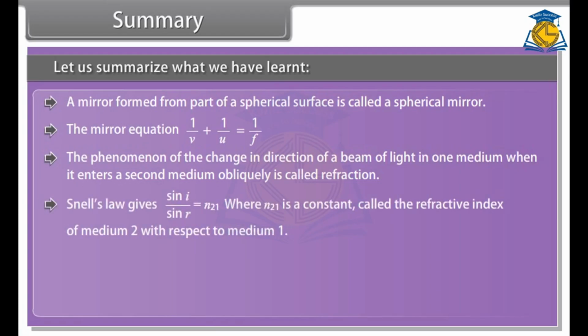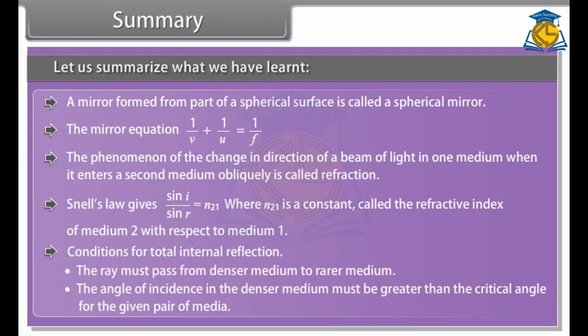Snell's law gives sin I by sin R is equal to N21.